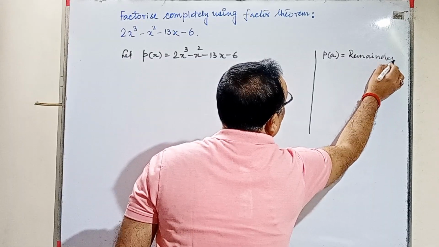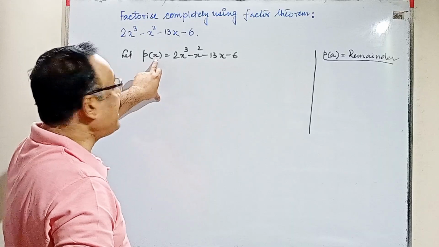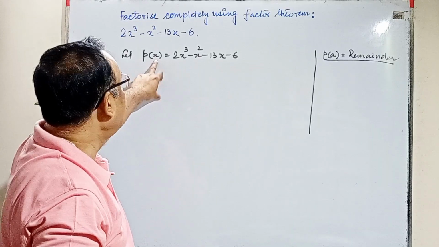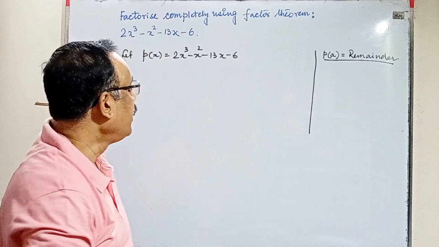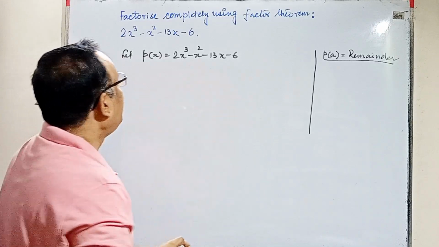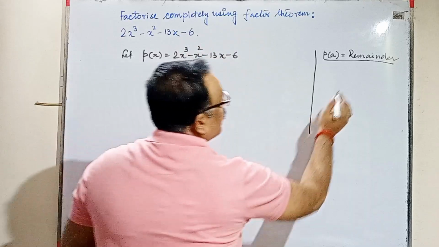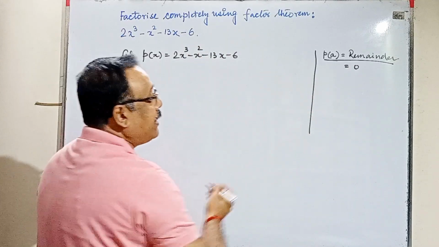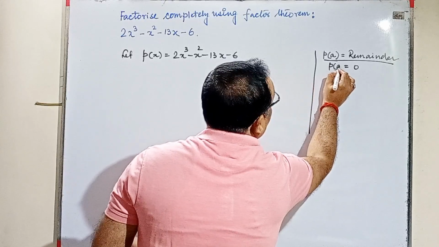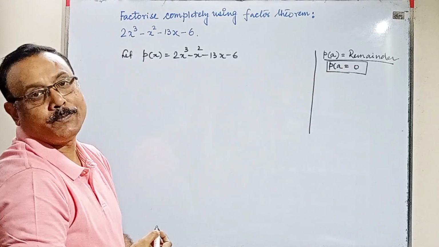That is what the remainder theorem states. Since it is told to factorize completely, that remainder must come 0, then only it will become a factor. So I need to check for which value of a, P(a) becomes equal to 0.